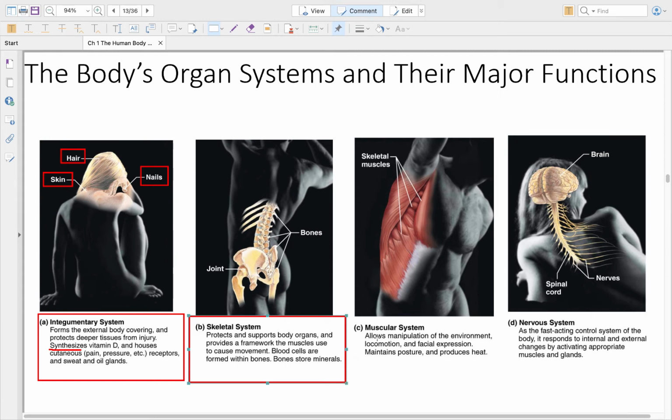Okay, next system is our muscular system. Our muscular system allows us to move around, of course. It gives us our ability to make facial expressions, maintain posture. These muscles make heat, and they allow us to manipulate the environment around us.